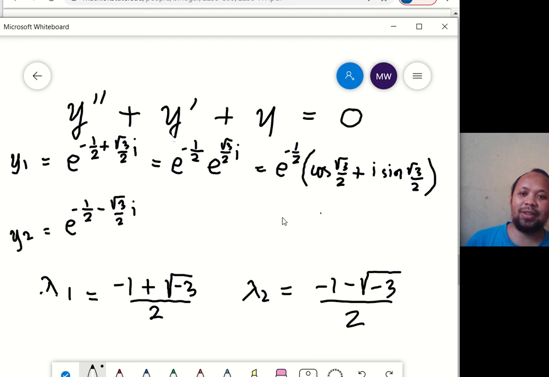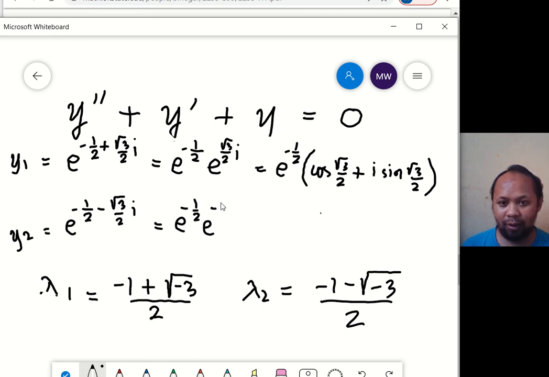Okay, so this is the other form of the first solution, and for the second solution I can also rewrite things similarly here.